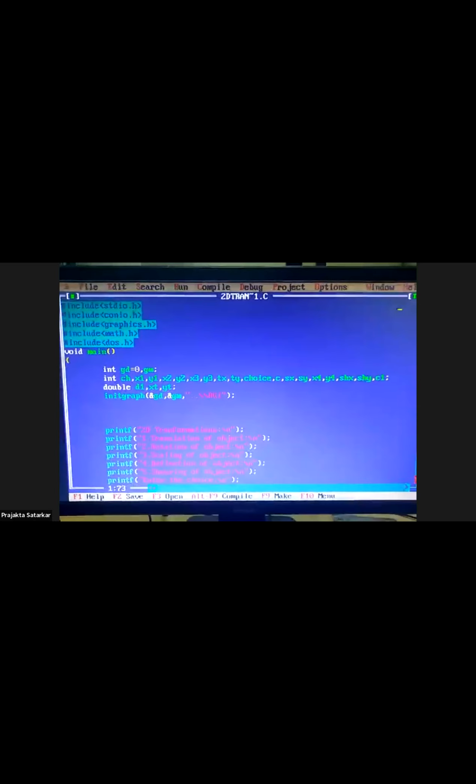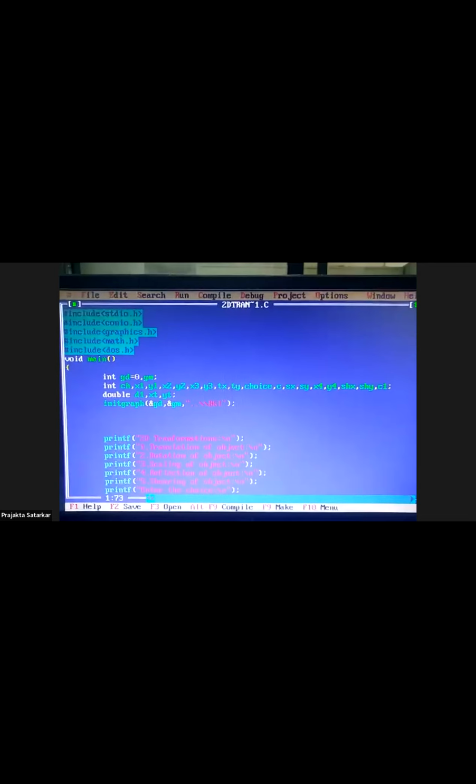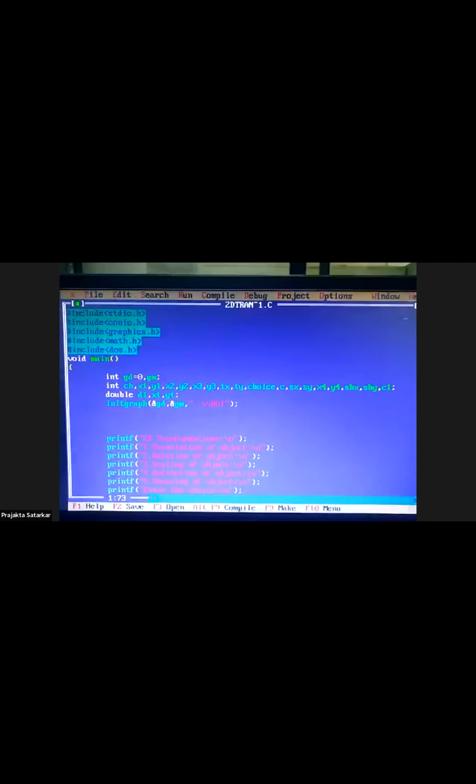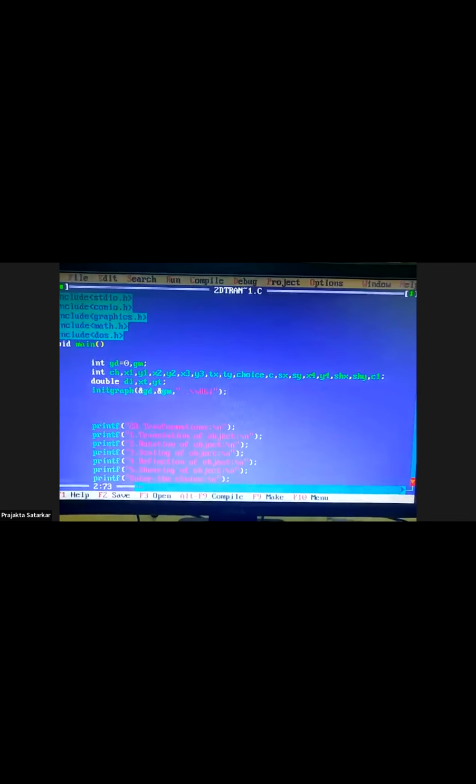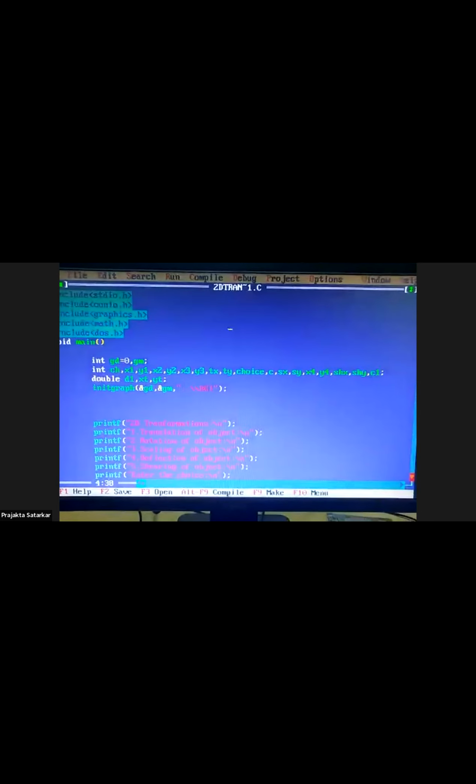So it is a program. This is the program in which the header files are included, and then integer parameters are considered.